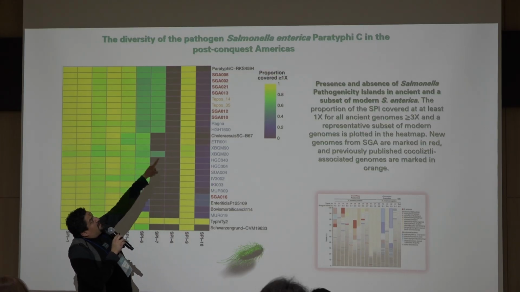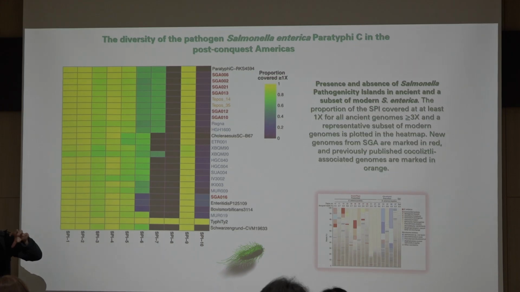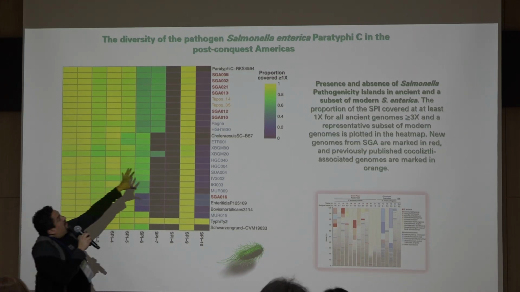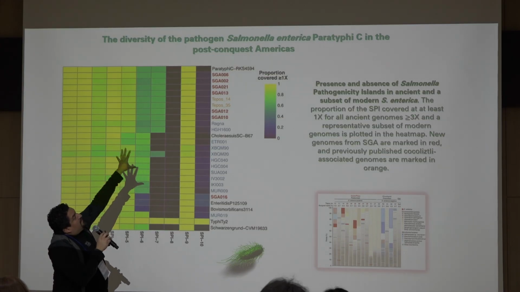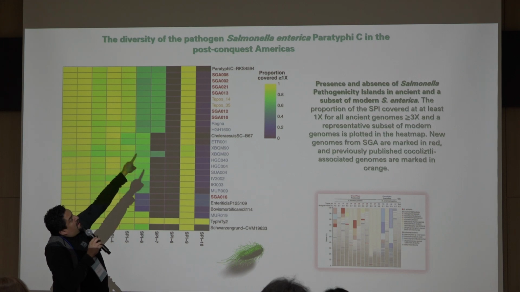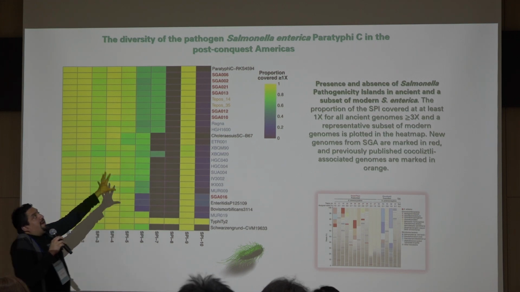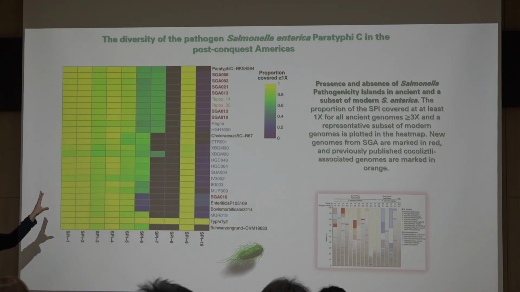Again, this is not just one mutation, it's a full region, and it is exactly the same for the three sites we analyzed. At the very top we can see paratyphi C, the reference strain, so we are completely sure they are all the same thing.